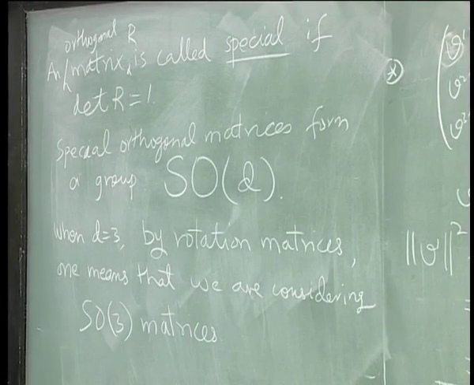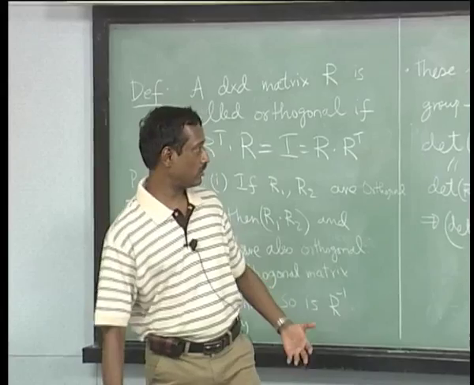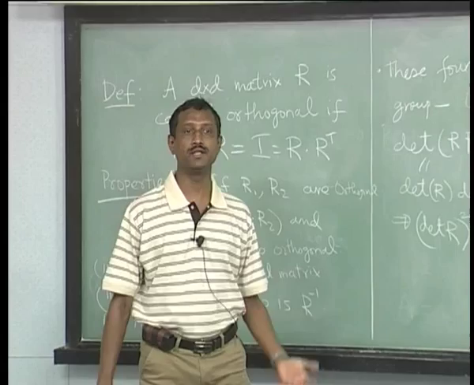But of course, you are interested in objects and how they transform under O(3). So, you need to consider examples of matrices which are orthogonal, but with determinant minus 1.